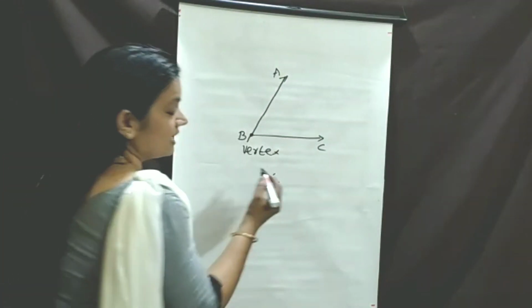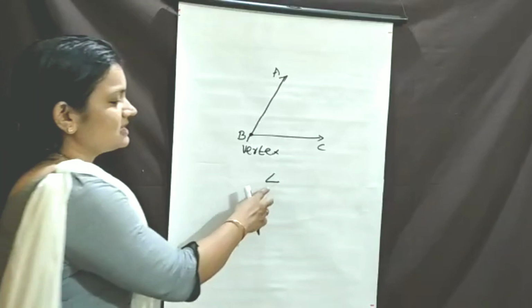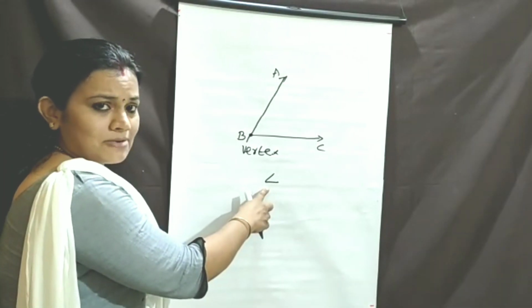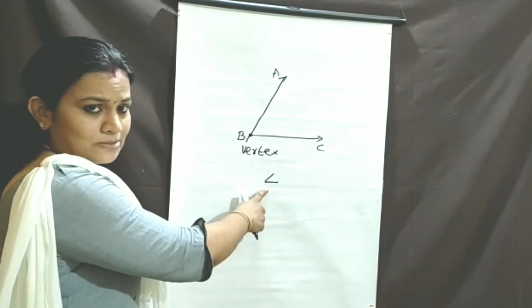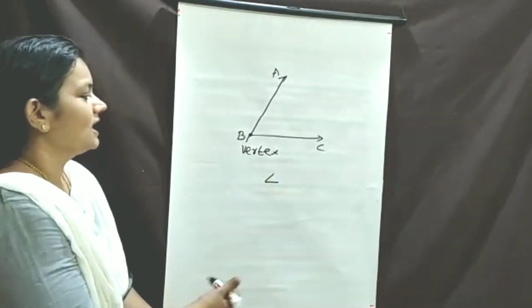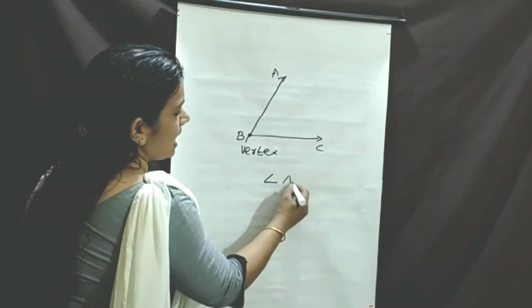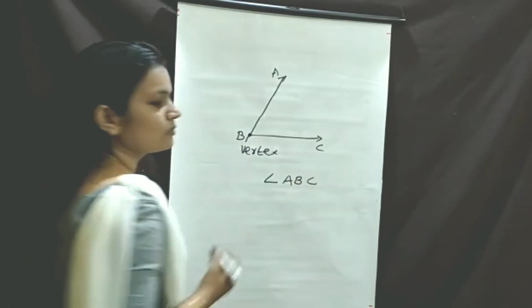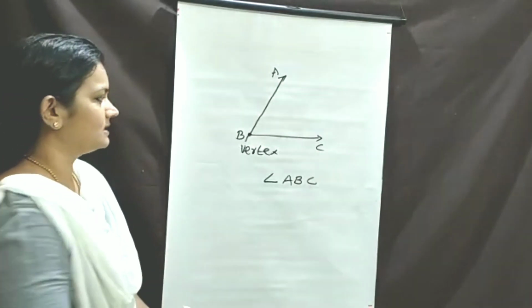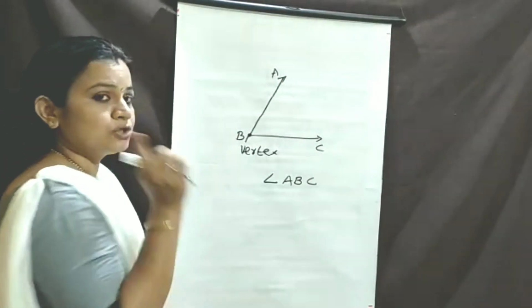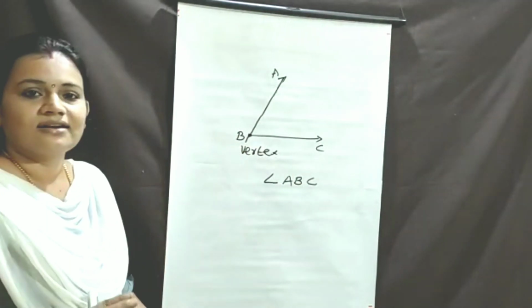We already discussed that the symbol of angle is this. Do you remember? Then angle ABC. You should always remember one thing: the vertex you should write in the center.